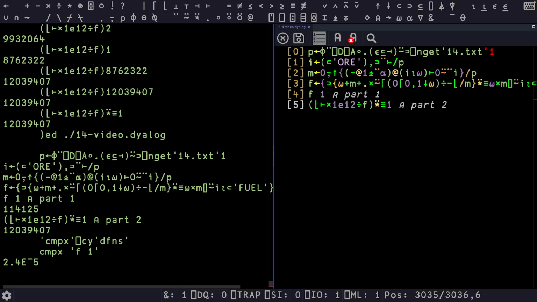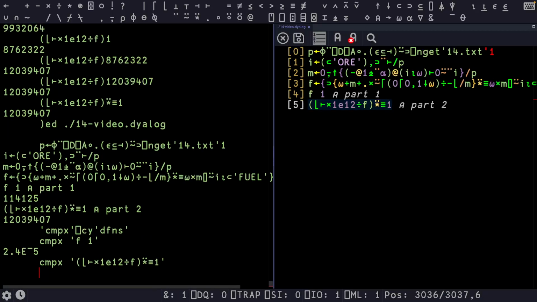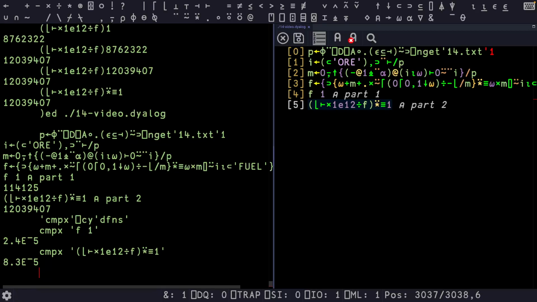I think this is 24 microseconds. Not milliseconds, microseconds. And if we run our part 2, this is basically running our f function 2 or 3 times? Yeah, so it comes back at 83 microseconds.